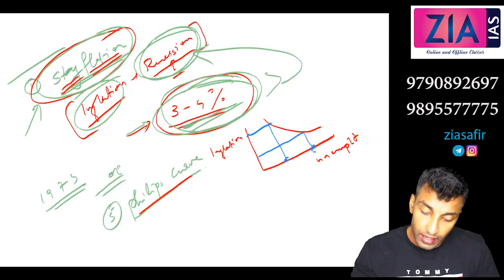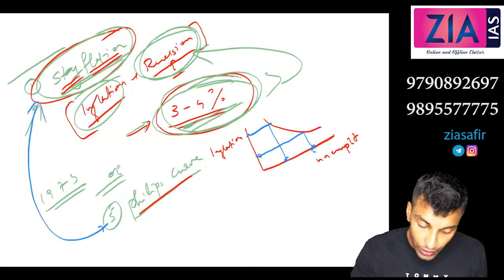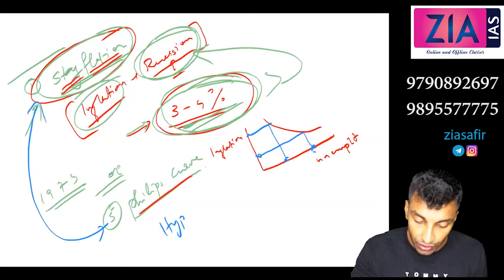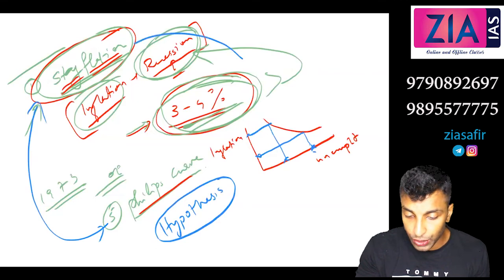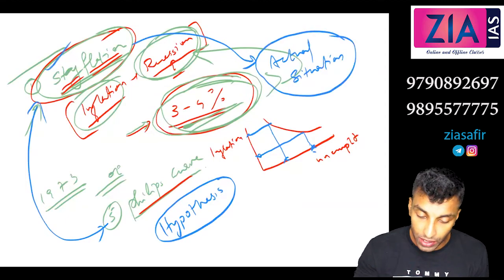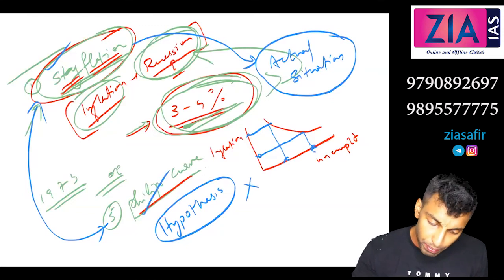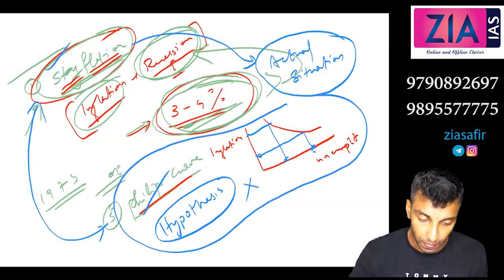But the relation that you can see here is actually a hypothesis. When we talk about the Phillips curve, this is a hypothesis, but stagflation is an actual situation. So during the time of stagflation, this Phillips curve won't exist. This is a theoretical concept, and it may be true for the short term.